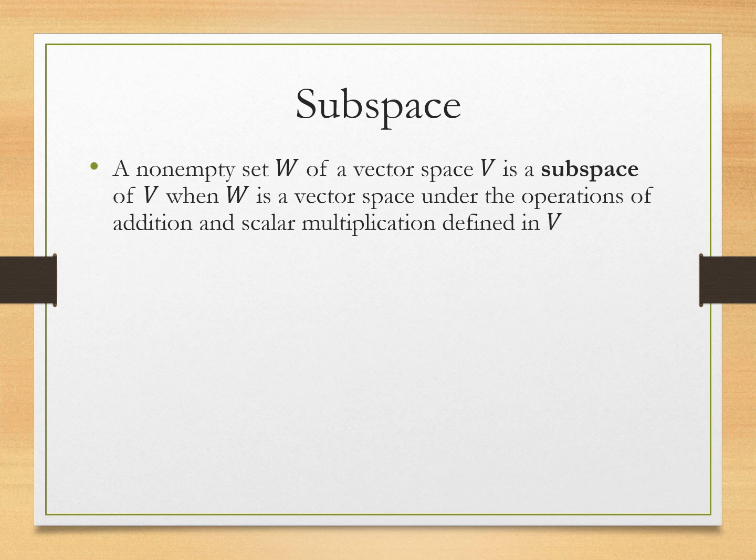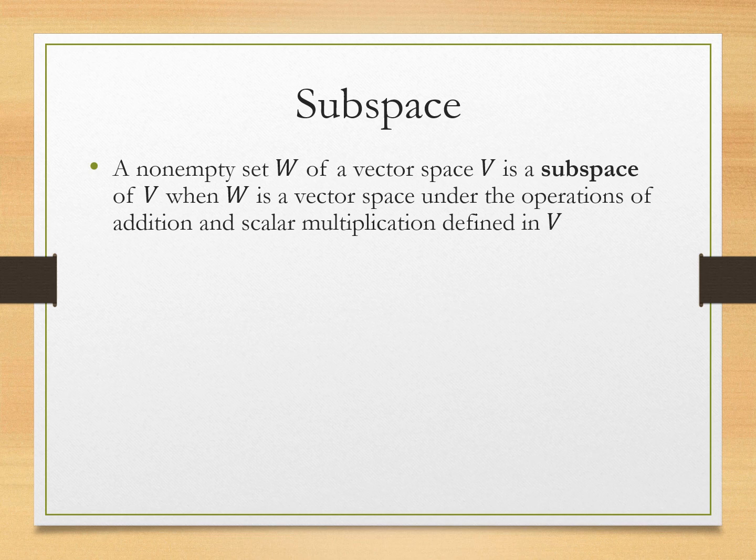Okay, so now the final concept I want to introduce today is called subspace. A subspace is a vector space on its own, but it's a vector space within another vector space.